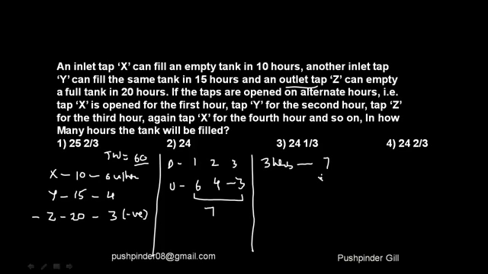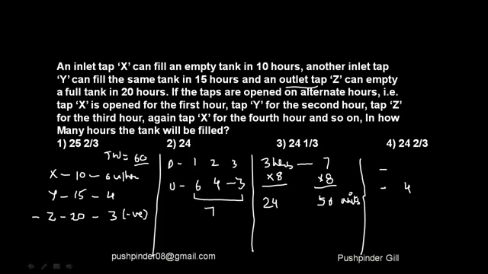Now we have to get close to 60 because we have to fill the tank. So we multiply by 8. By multiplying by 8, I get 24 hours here and 56 units here. Now how many units do we need? We need 4 more units.